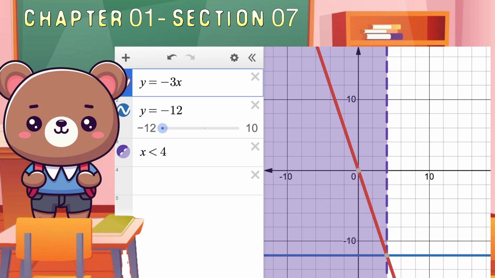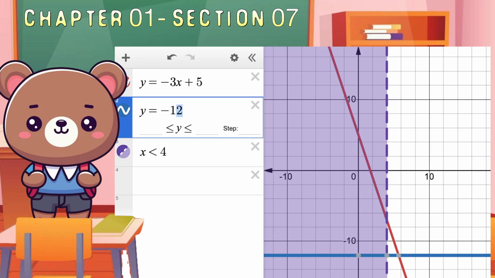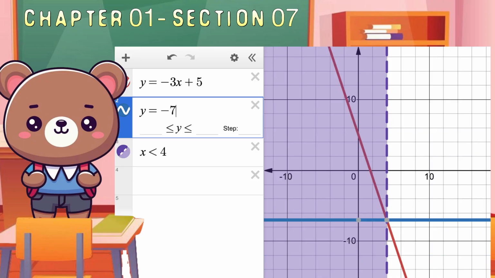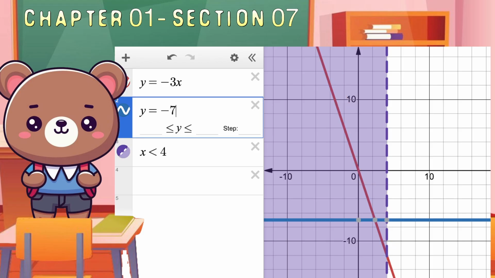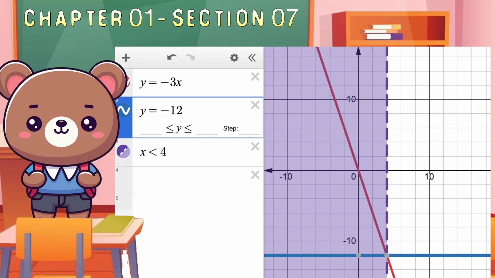So again, this was negative 3x plus 5, and this was negative 7. So that's where everything was. I got rid of this, I got this to become this, and it's still the same answer. Then we divided both sides by negative 3.